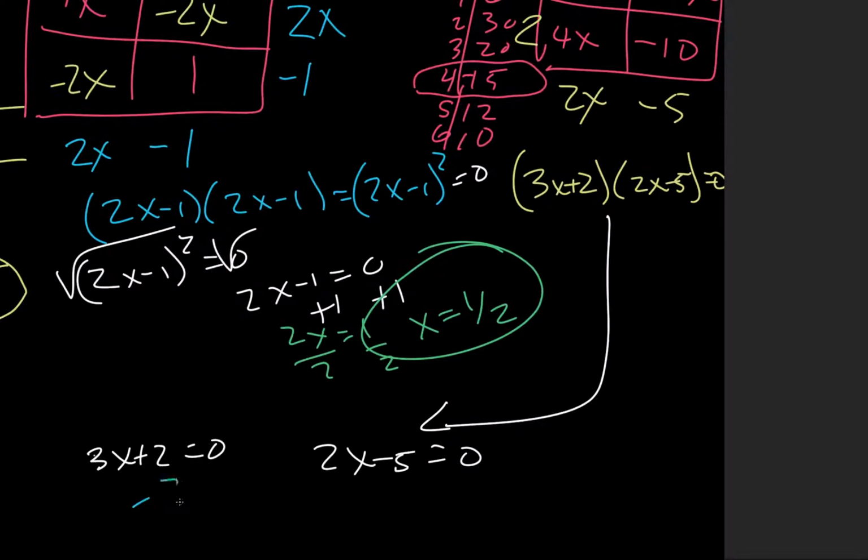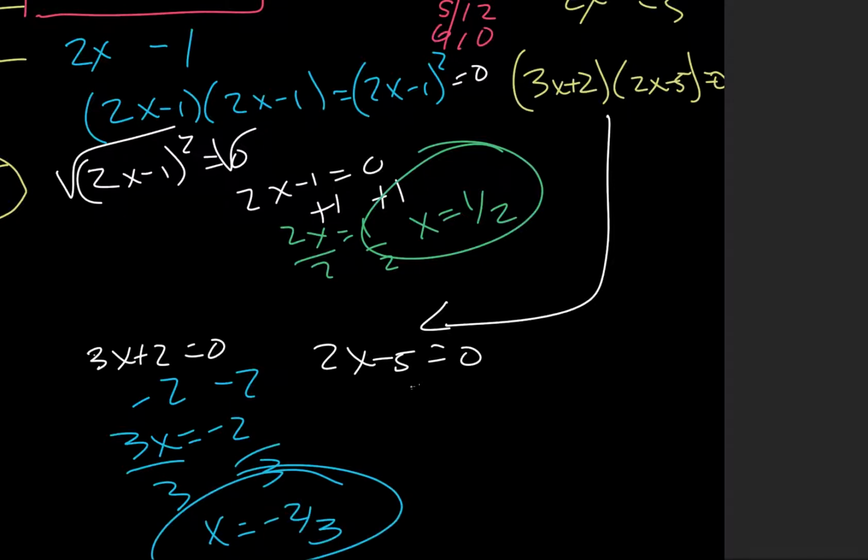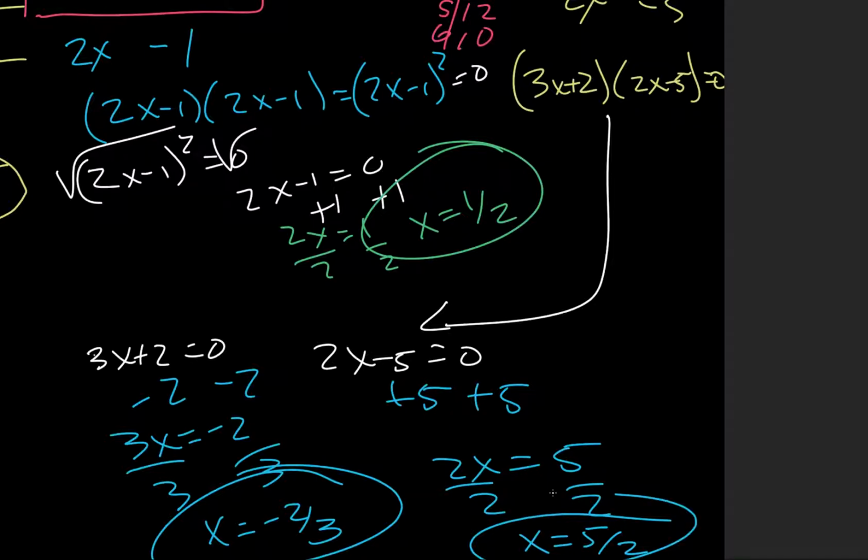So I subtract 2, 3x equals negative 2. And then divide by 3, x equals negative 2/3. And this one I'm going to add 5, 2x equals 5, divide by 2, x equals 5/2. And those are the two answers for that quadratic.